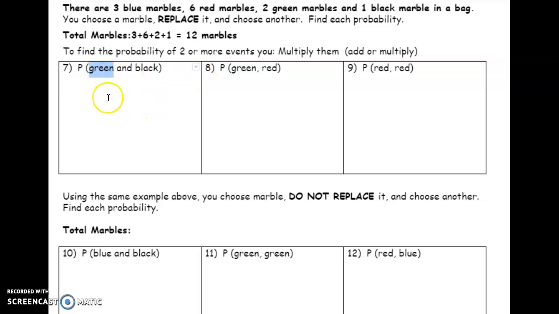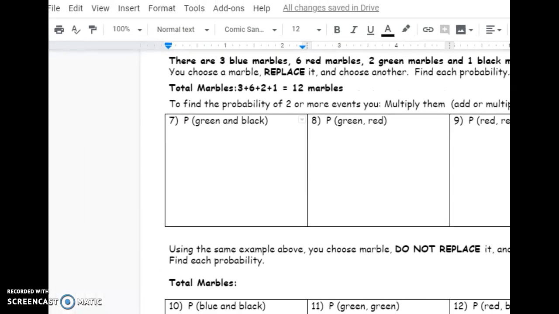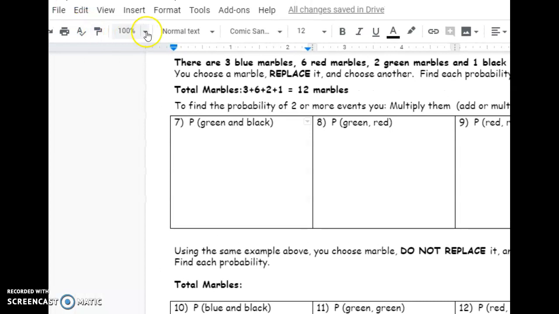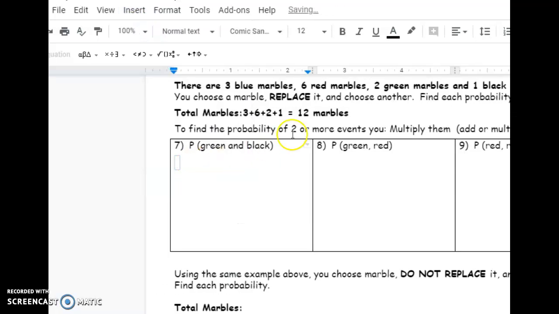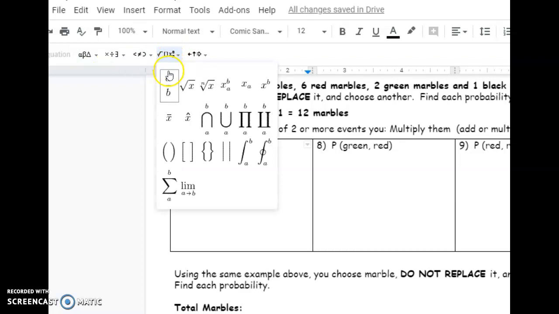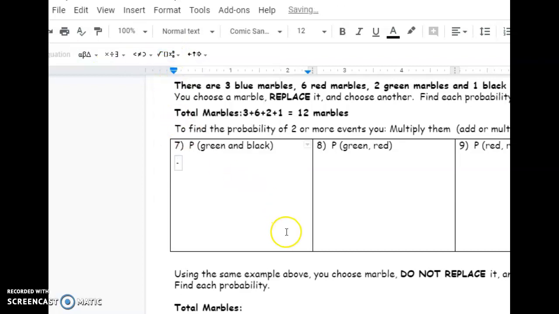So the probability of green is, we have 2 green marbles. I'm actually going to write this as a fraction. If we go on top of our document and say insert equation, it will bring us to these little mathematical equations and we can put up a fraction.